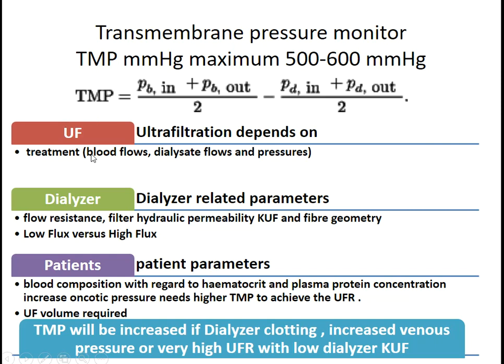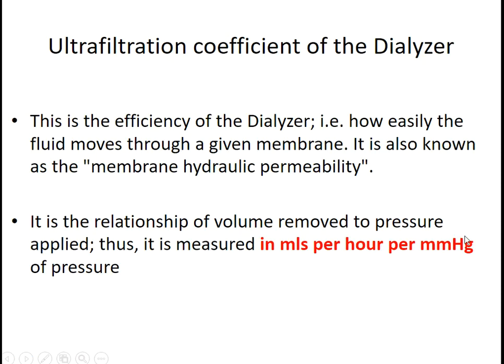All these parameters control how much transmembrane pressure is applied and is monitored on the hemodialysis machine. The ultrafiltration coefficient of the dialyzer. This is the efficiency of the dialyzer.